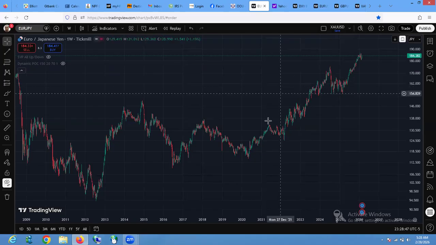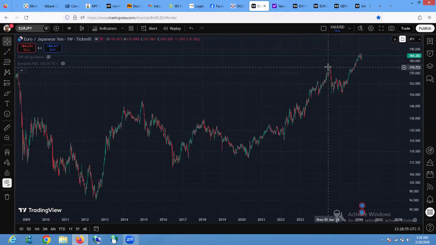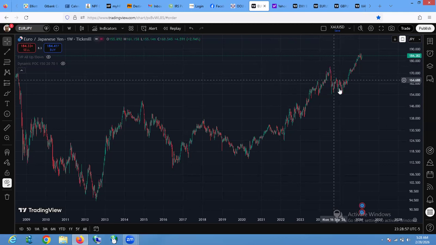Now, what it looks like to me is this is wave 1 of 3, wave 2 of 3, wave 3 of 3, and wave 4 of 3. It means that this move to the upside is just the last wave, 5 of 3.